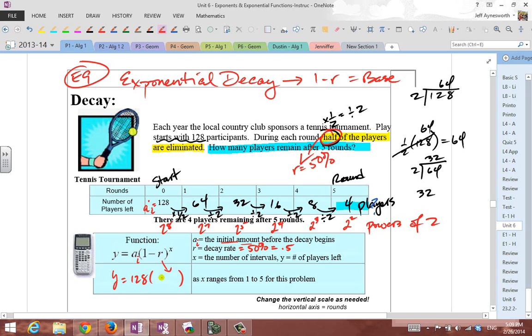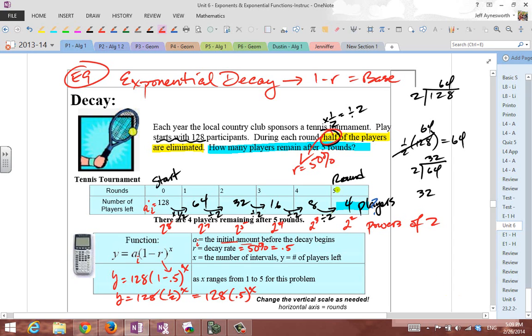So if we substitute that in, we get 1 minus 0.5, or 1 minus half, raised to the x power. So what do we get? y is equal to 128 times, well, 1 minus a half is a half. So you can write it as 1/2 to the x power, or you can write it as 128 times 0.5 to the x power.